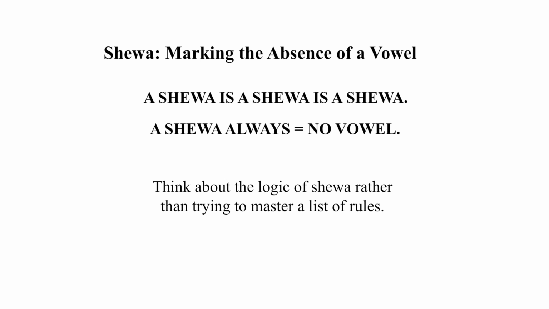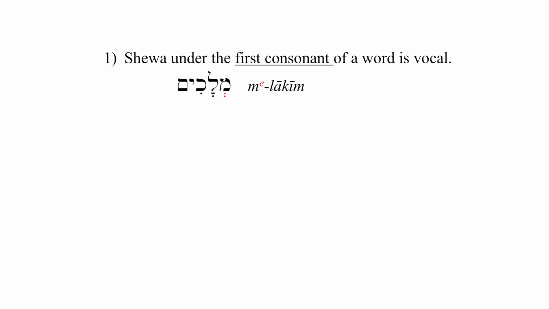The thing to keep in mind is that you shouldn't be memorizing rules so much as just understanding how pronunciation works. For example, if we take the Hebrew word melakim, you have a schwa under the first consonant of this word. That indicates that the mem has no vowel.